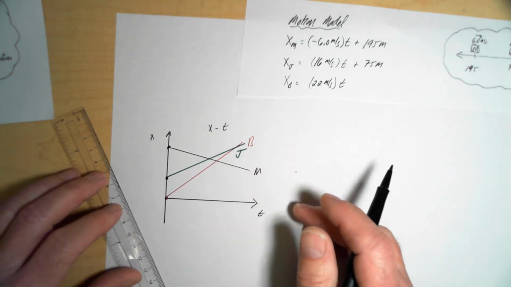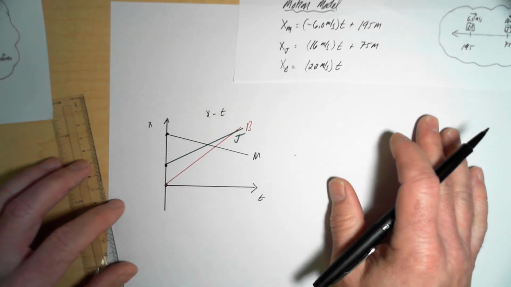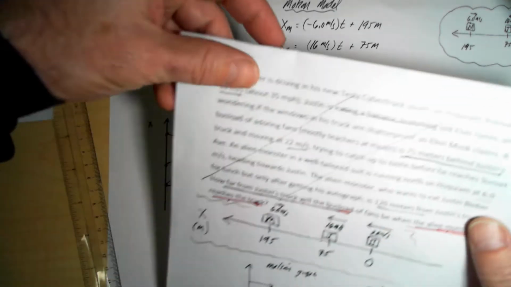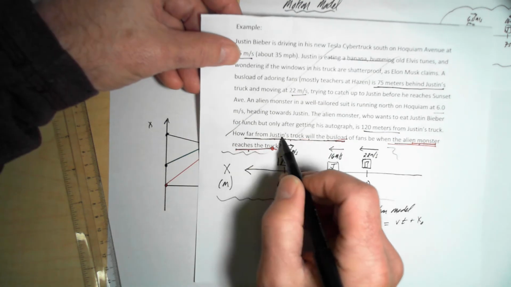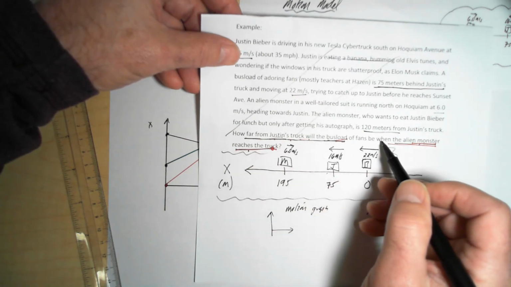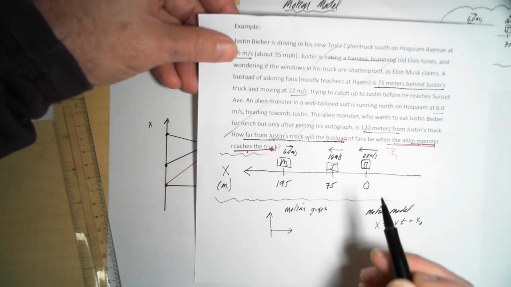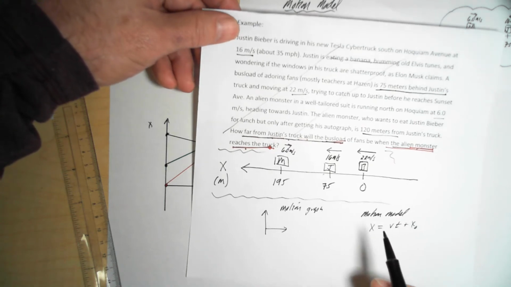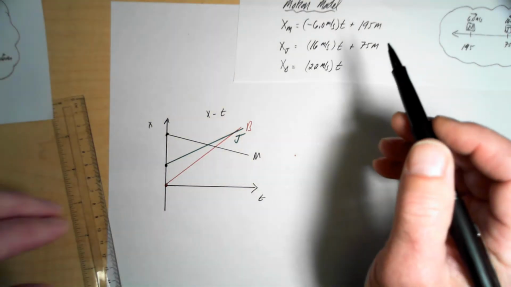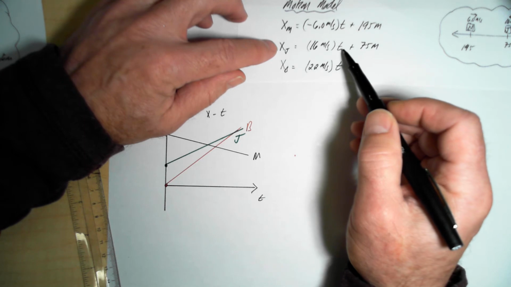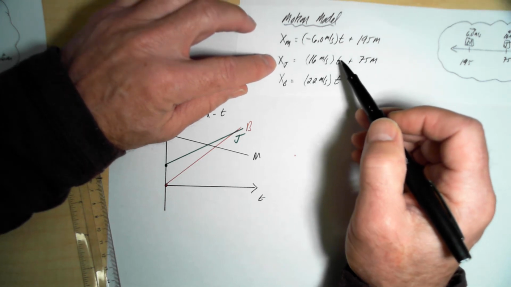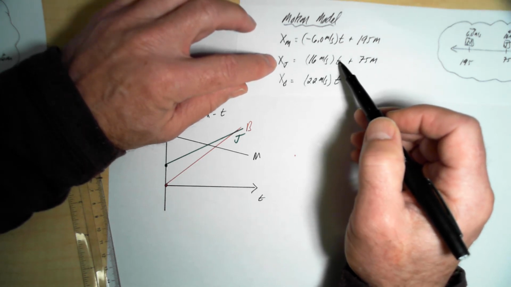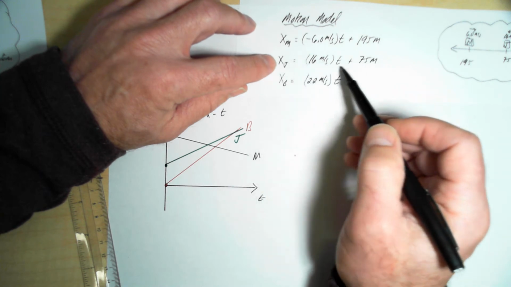Okay, so now how can we use this graph to begin to think about how to solve the problem of how far from Justin's truck the bus load of fans will be? Okay, well, we have our position equations. So if I knew the time at which this was going to occur, I could figure out the position of Justin's truck.